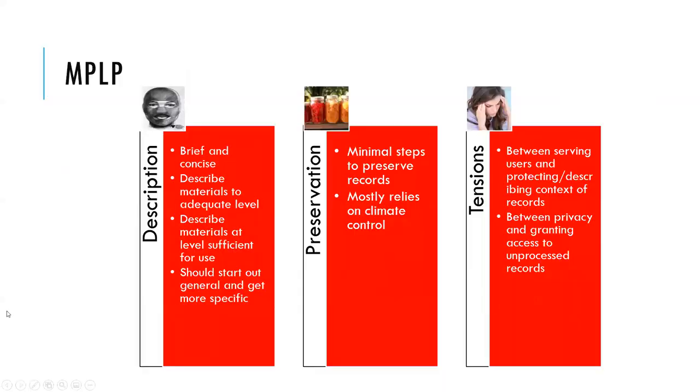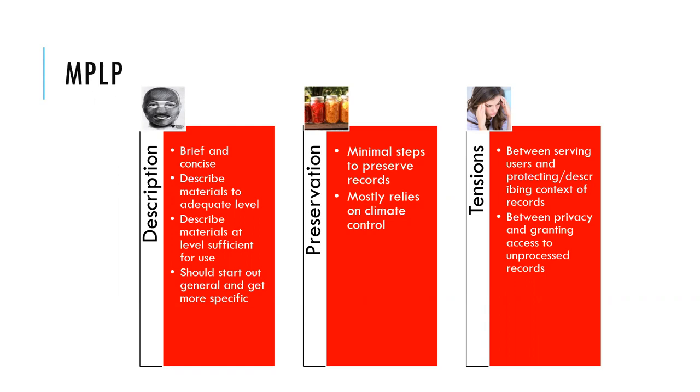So to talk a little bit more about MPLP, what's interesting about the MPLP article is that while it's focused on description in a lot of ways, in some ways it's also a preservation article. So it kind of straddles the line of a couple of different archival topics.